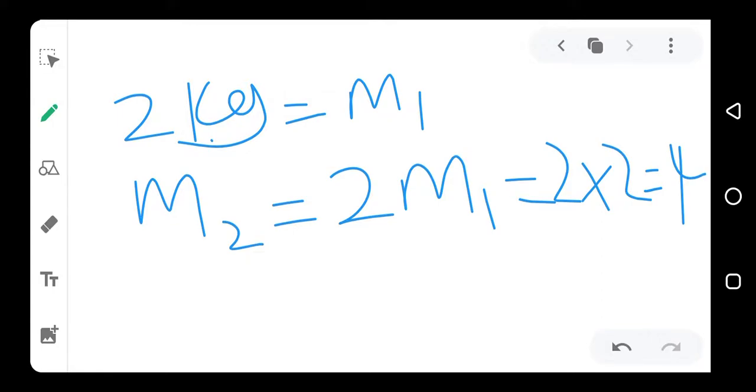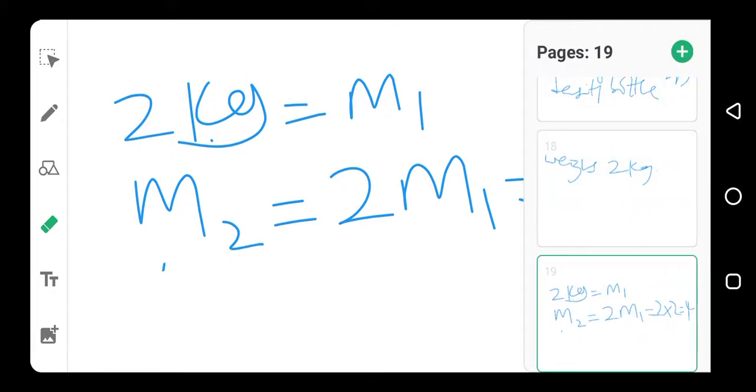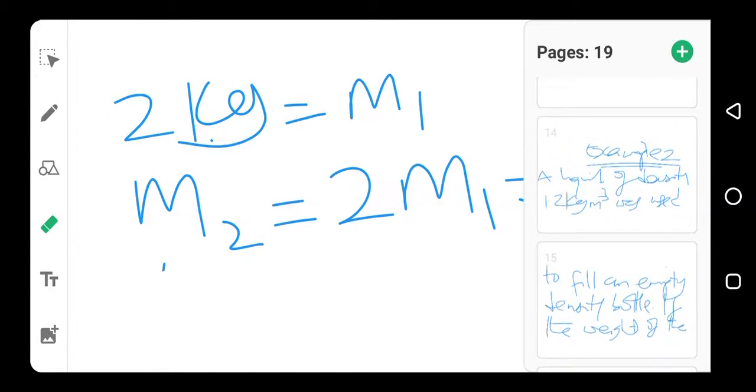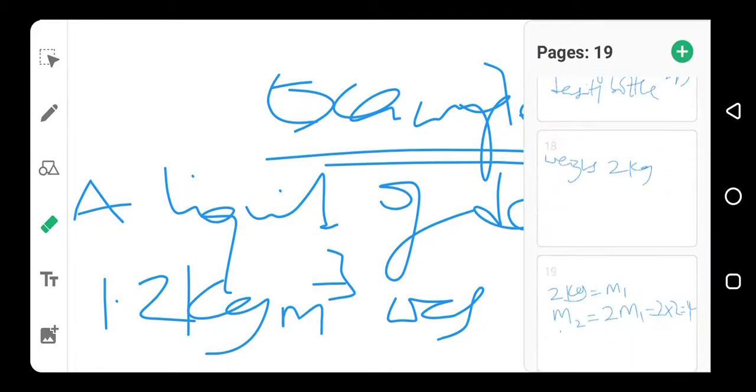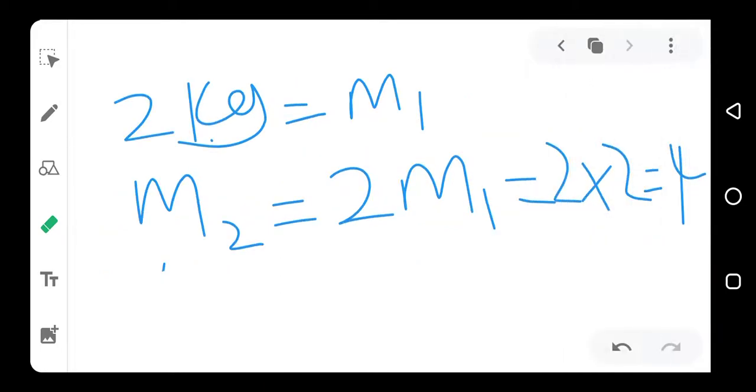Now, we are given the density as 1.2, and we are looking for the volume.